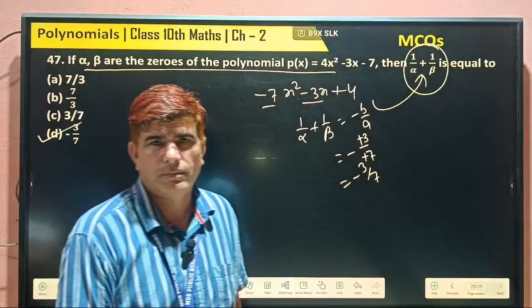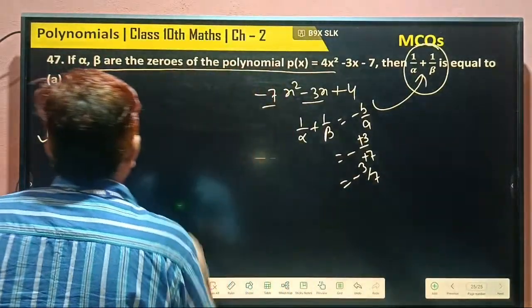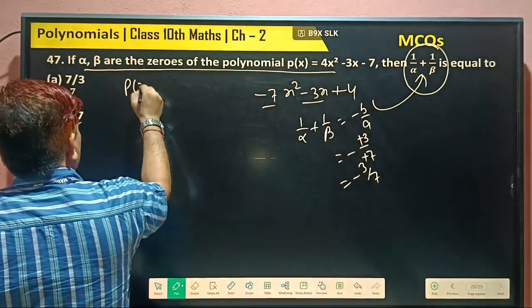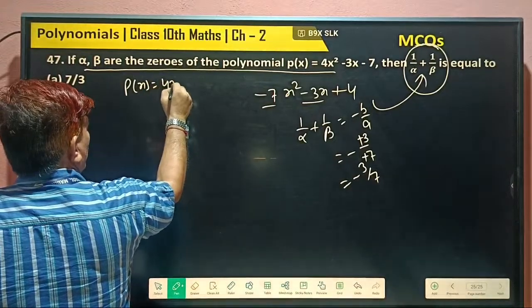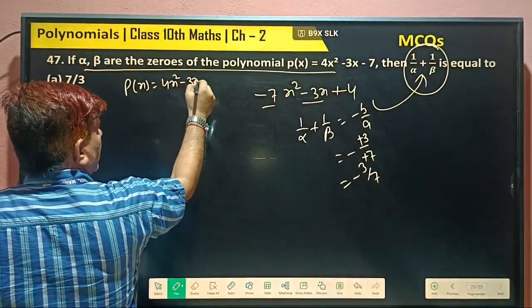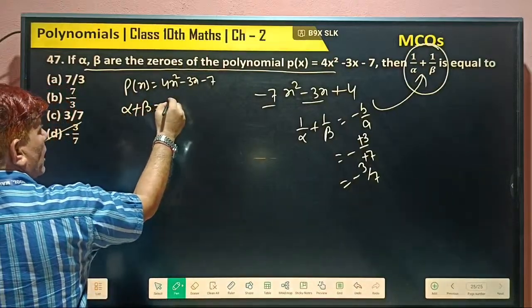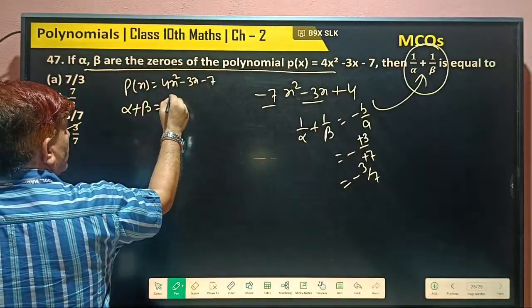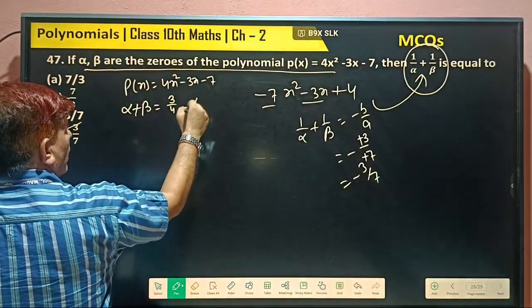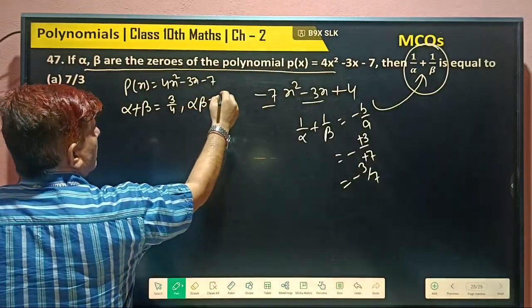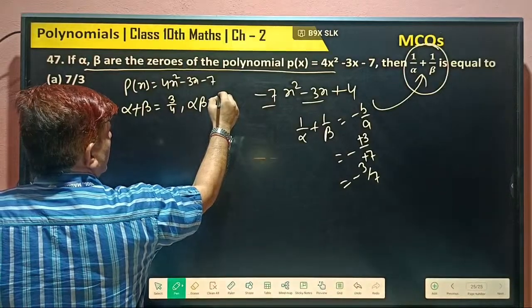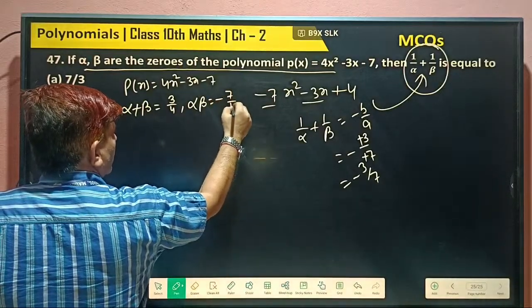Directly this. Indirectly, I can write here p of x is equal to 4x square minus 3x minus 7. Alpha and beta are its roots, alpha plus beta is minus b by a, meaning 3 by 4. Alpha beta is c by a, meaning minus 7 by 4.